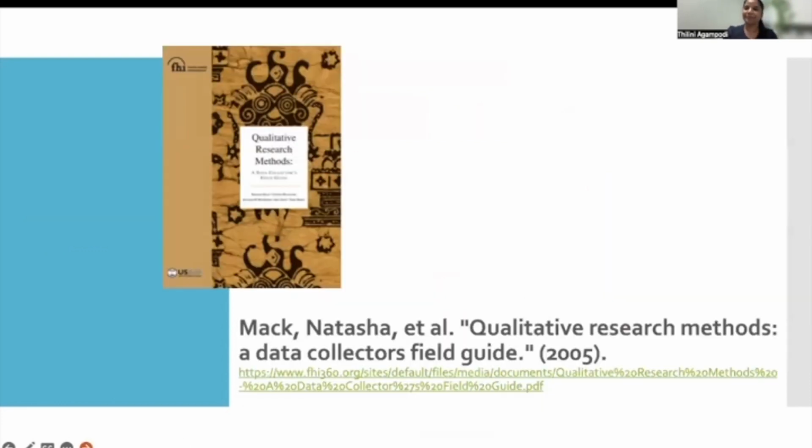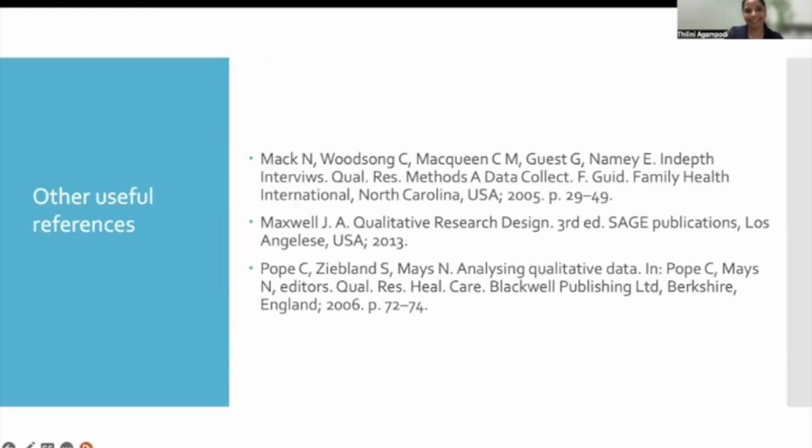That's all I have to teach you today. If you are starting on qualitative research for the first time, this is the best book. Both myself and my husband, Professor Sunet, learned qualitative research from this book. It's freely available at this link. And there are some more references which are helpful.